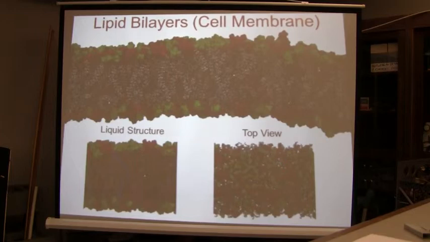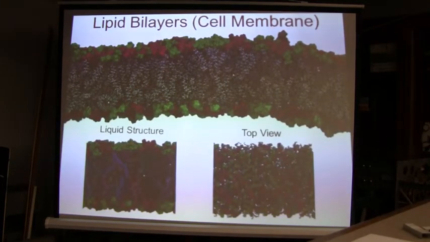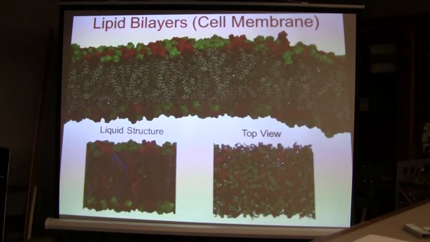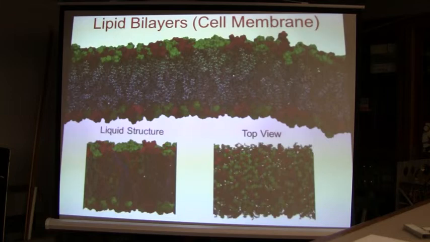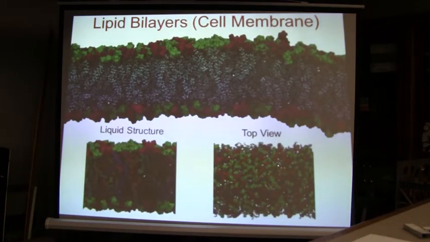The other thing I want to mention is that if you look at this picture right here, this is a view from the top. It's not like it's all green and red. You can see holes in it. Some of the hydrophobic parts are exposed to the water, and that's why small molecules can actually get through this.